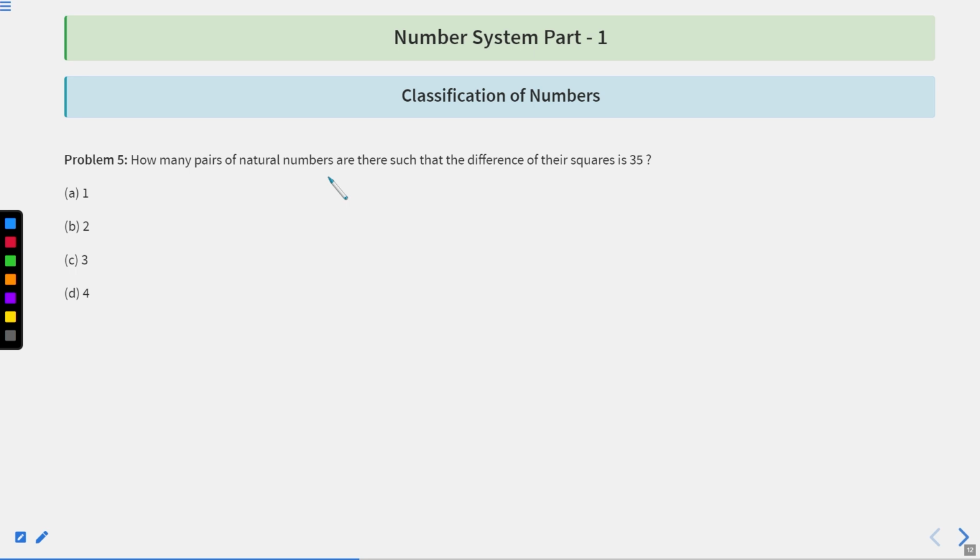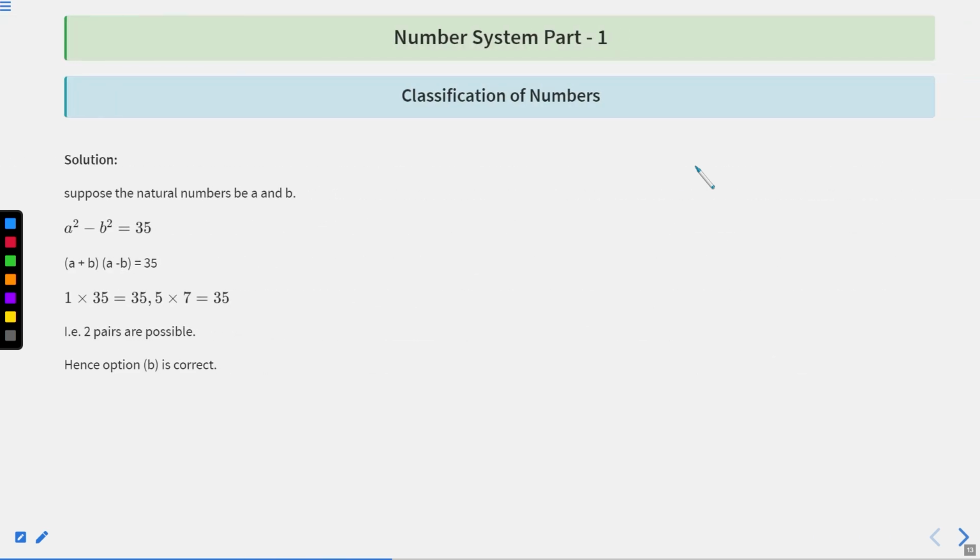Pairs means a duo of two natural numbers. We have to identify how many natural numbers have the property that the difference of their squares is 35. Suppose I take x and another is y, and if I take x square and y square, their difference should be 35. That's what we are asking here.